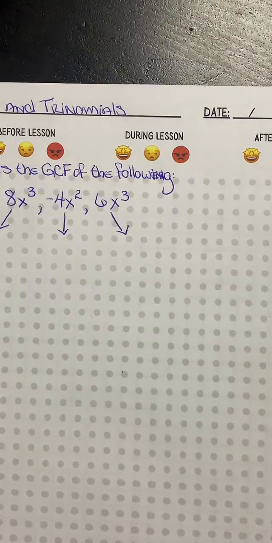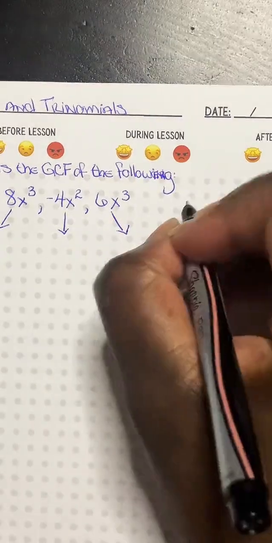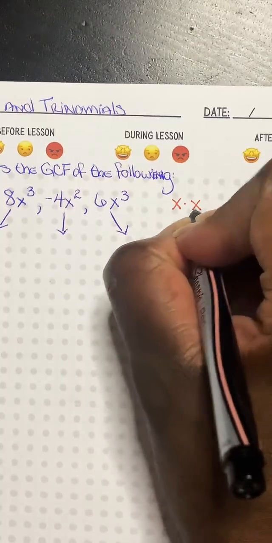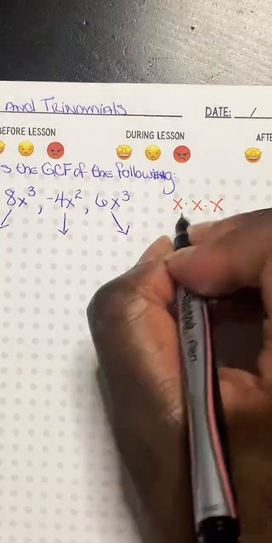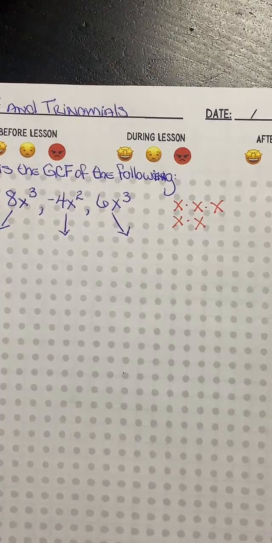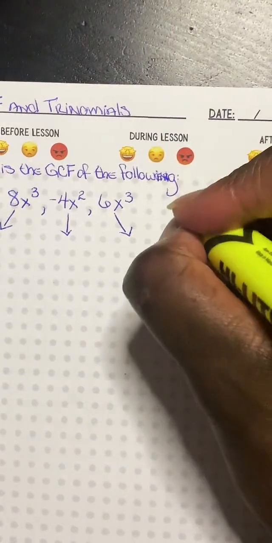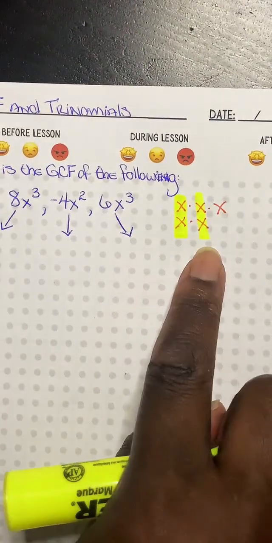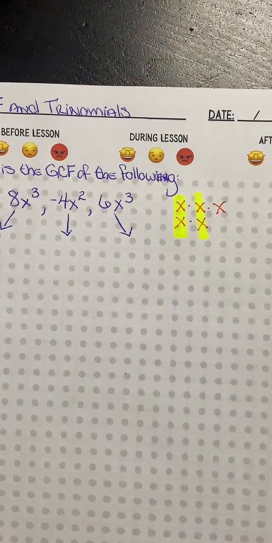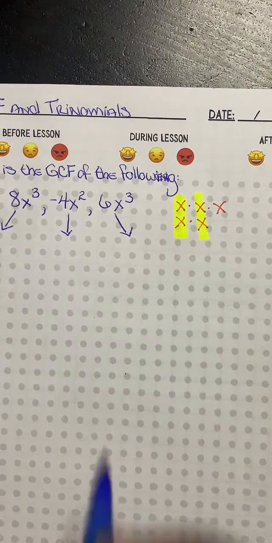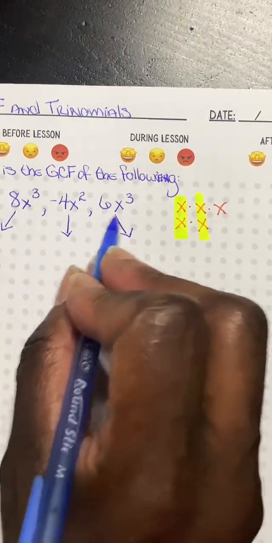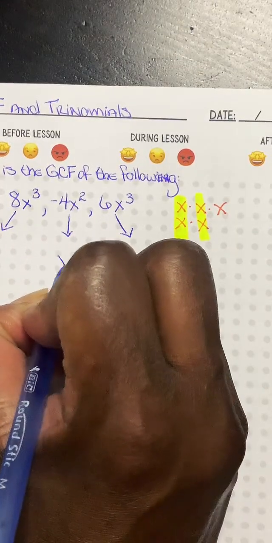They have 2 sets of x's in common, so my GCF for all 3 of these is not just x, it's actually x squared.